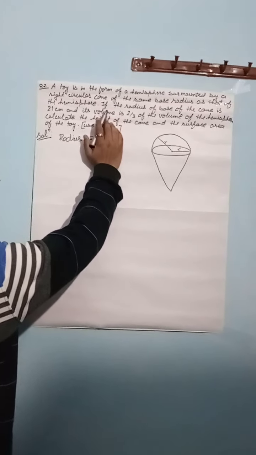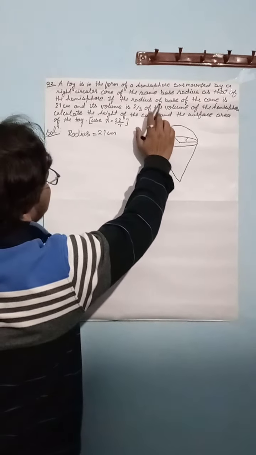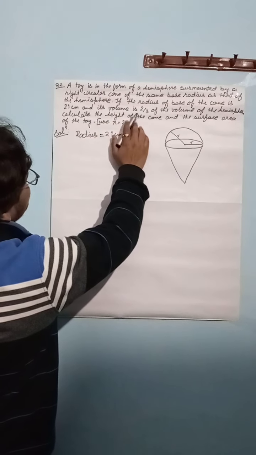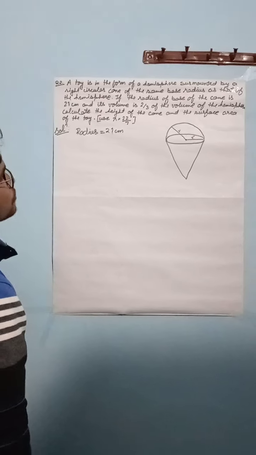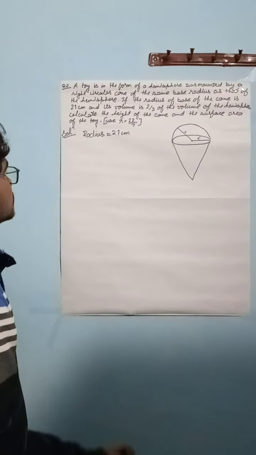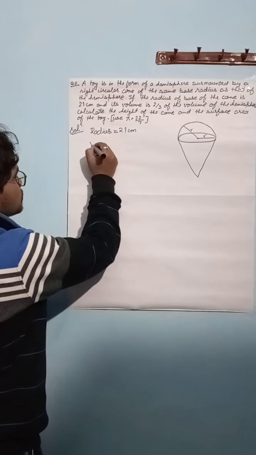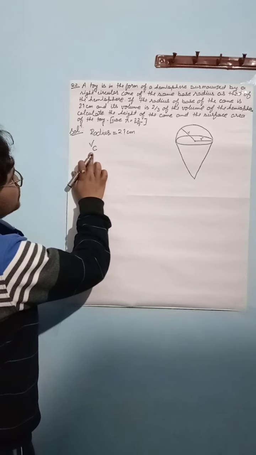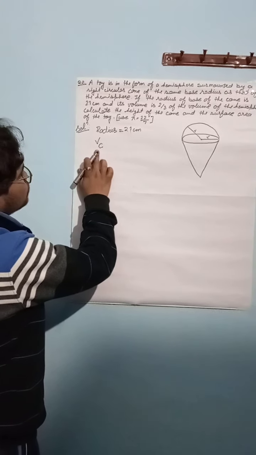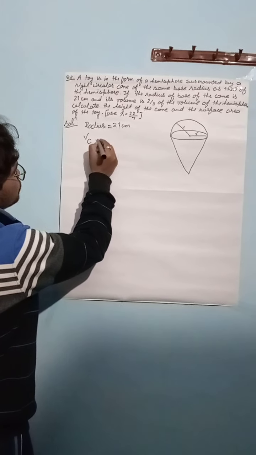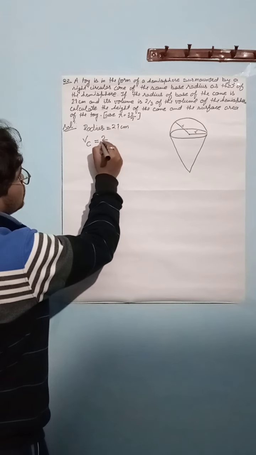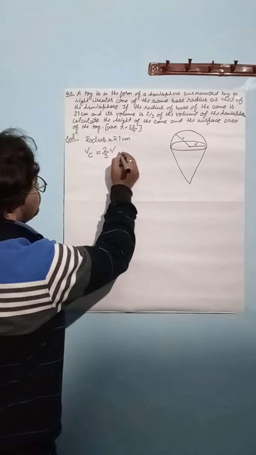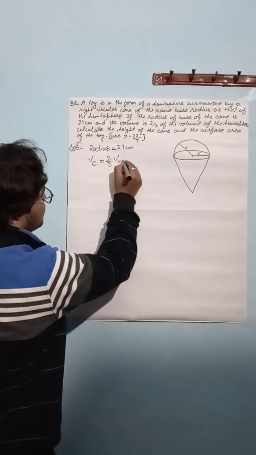The second part of the question says the radius of the base of the cone is 21 centimeter and its volume is two-thirds of the volume of hemisphere. Volume of cone, we denote Vc, is equal to two-thirds volume of the hemisphere.